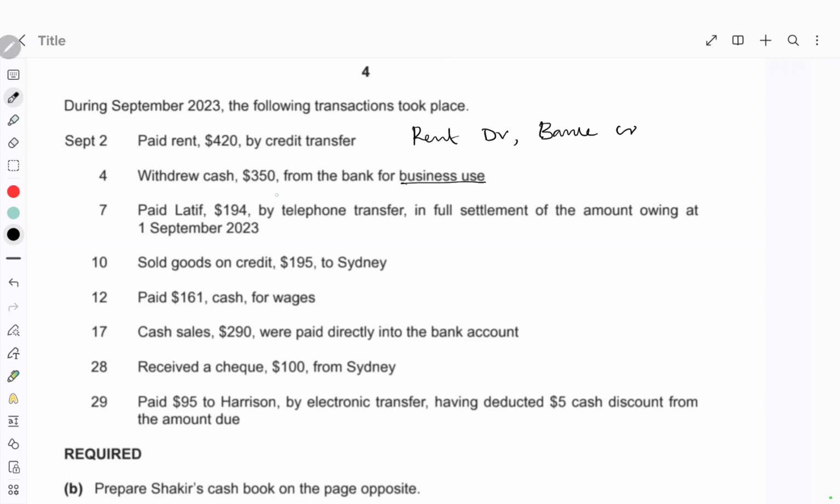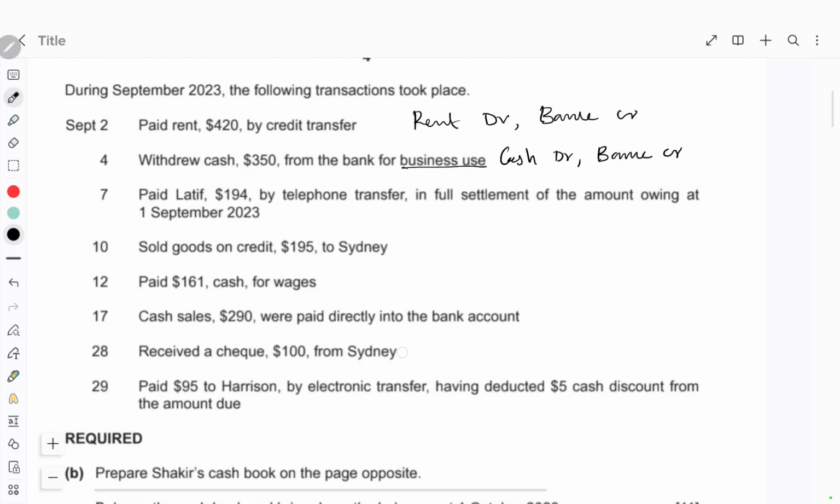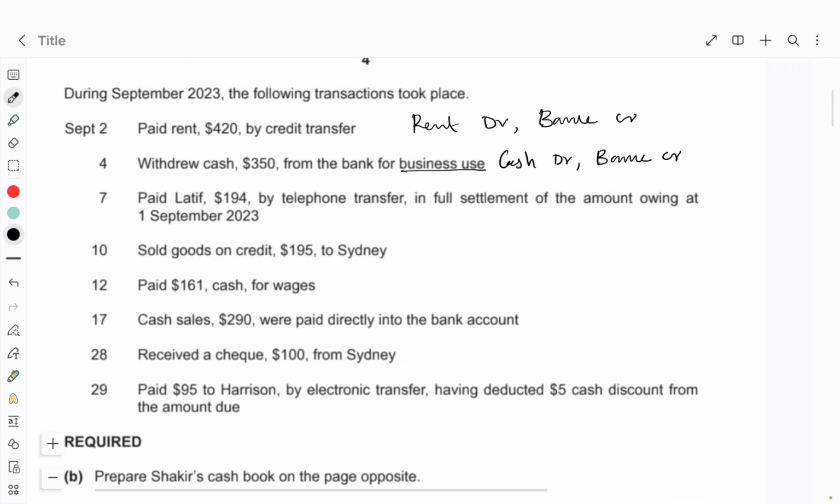So we are getting cash and the bank balance is reducing, so the cash account is debited, the bank account is credited, isn't it? This kind of entry is known as a contra entry because both cash and bank are involved in this transaction. If both sides of an entry are related to cash and bank, that entry is known as a contra entry. So here how to record it? It's 350, right?